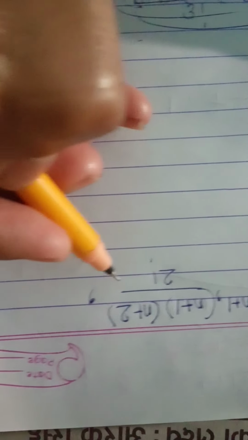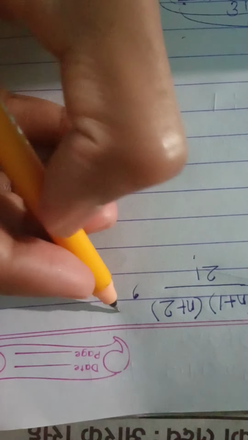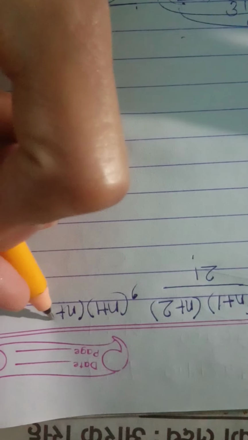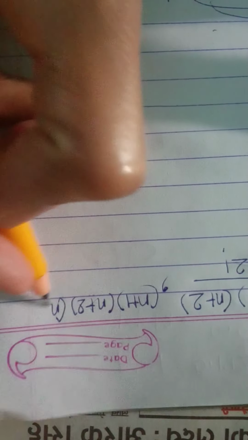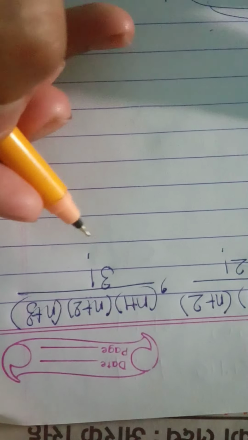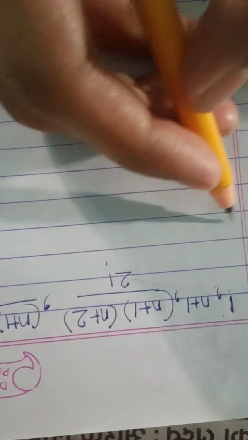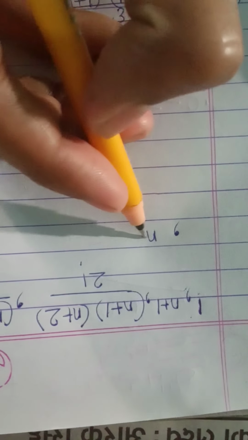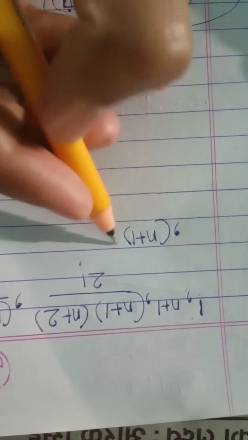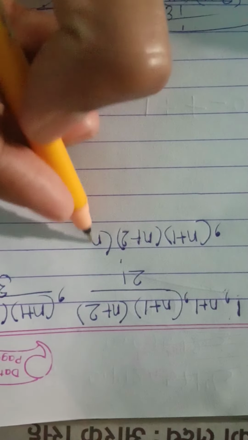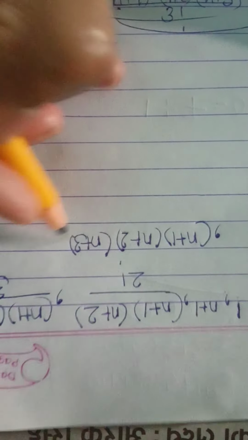For 4 digit expansion we get n plus 1 n plus 2 n plus 3 by 3 factorial. Similarly for 5 digit expansion n plus 1 n plus 2 n plus 3 n plus 4 by 4 factorial.